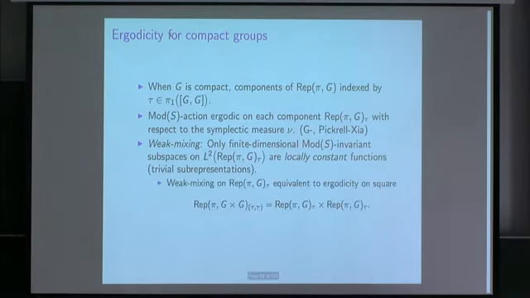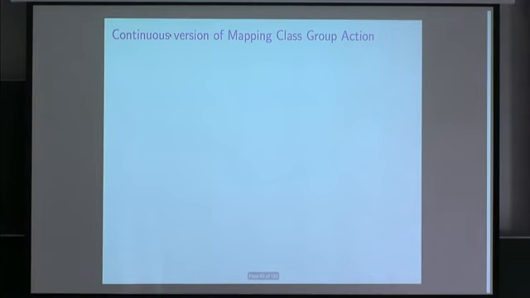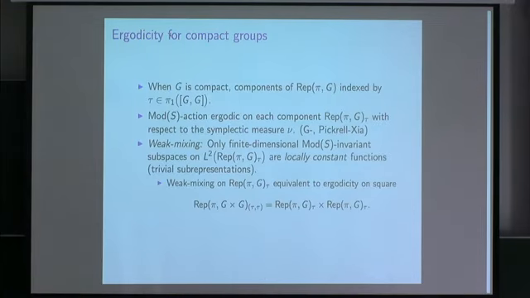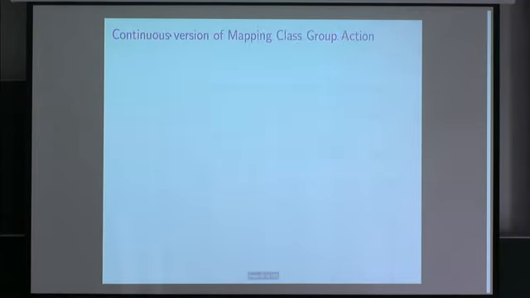These ideas will come up a lot, and it's a formal consequence, because for a group action, weak mixing is equivalent to ergodicity on the Cartesian square of the action. So you can take that as the definition. It's also equivalent, and this is used later, to saying that the product with any ergodic action is also ergodic. So this is a very nice spectral invariant, which is stronger than ergodicity.